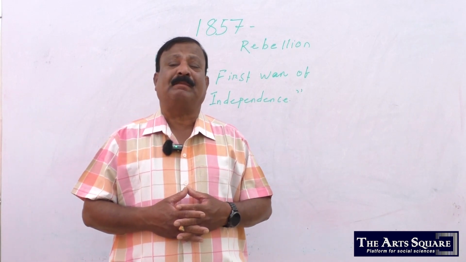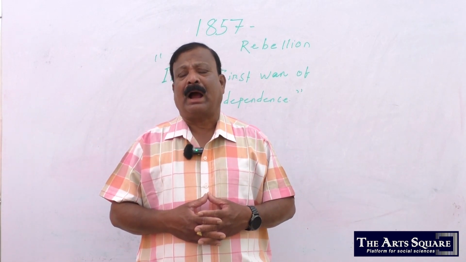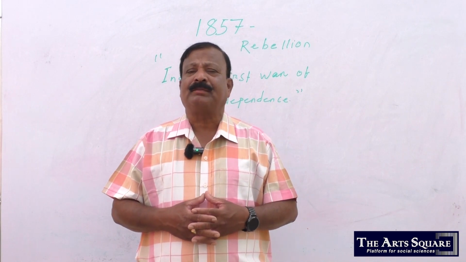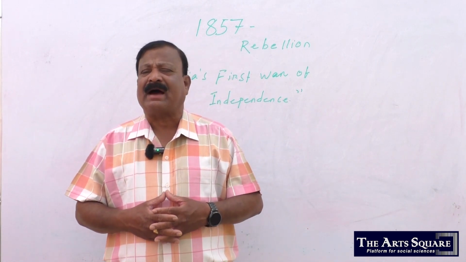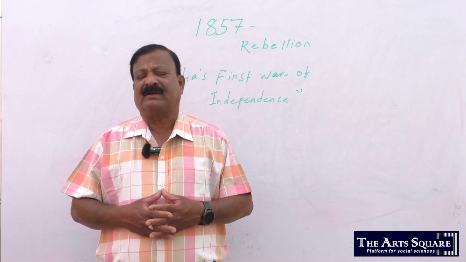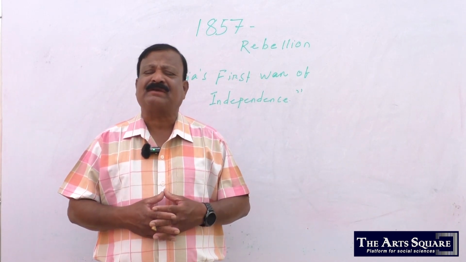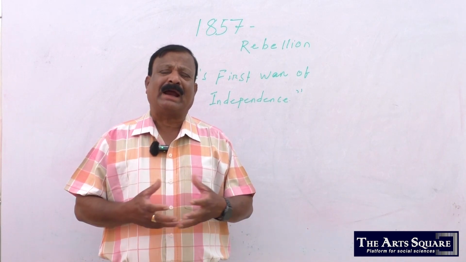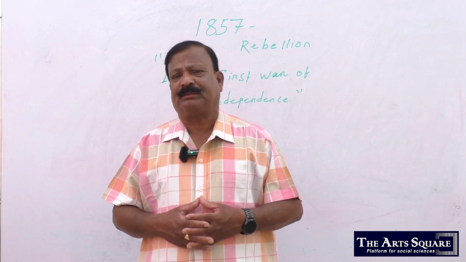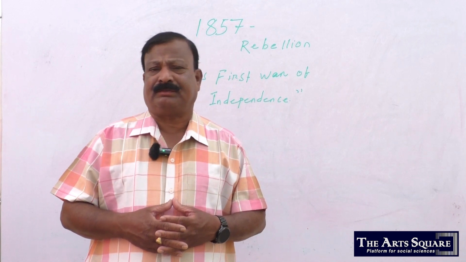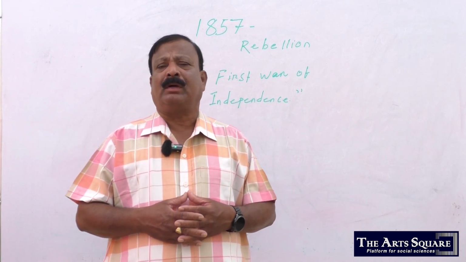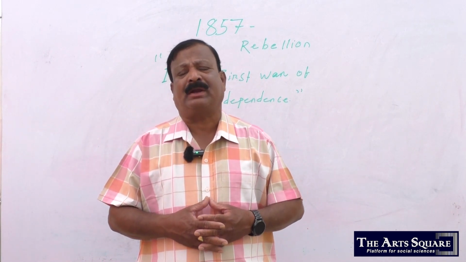So this is a very interesting topic, and we will think about why the British Army started the revolution against their master. They are getting the salary, they are getting every type of privilege, but why did they start? What made them start this type of revolution?